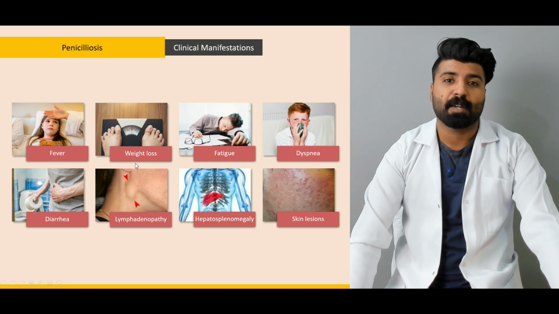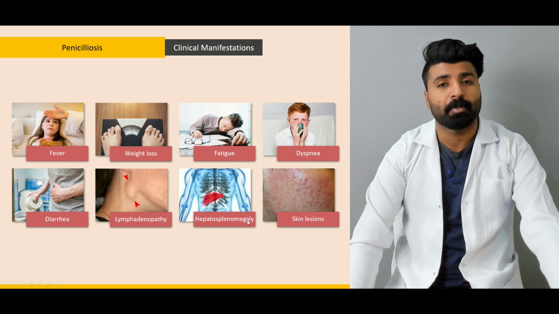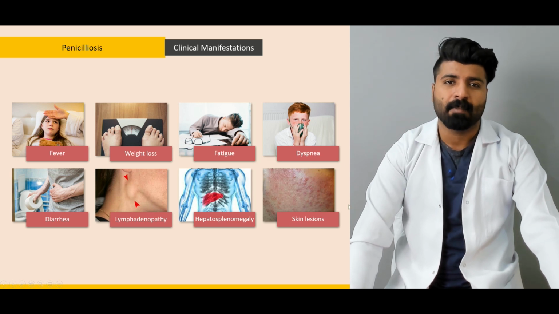It will spread to lymphoid structures and will lead to lymphadenopathy. It will spread to the reticuloendothelial system and will lead to hepatosplenomegaly. It will spread to your skin and will cause skin lesions. And what other thing are we missing here? If it affects your gastro system, it will lead to diarrhea.